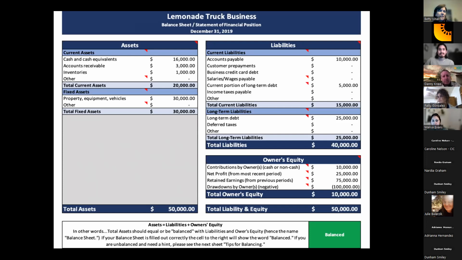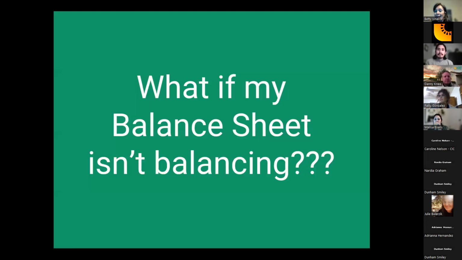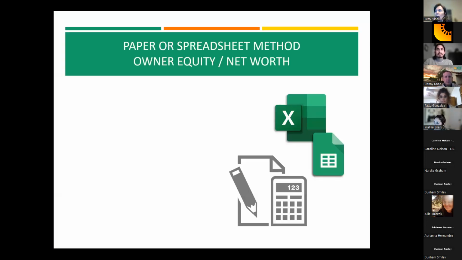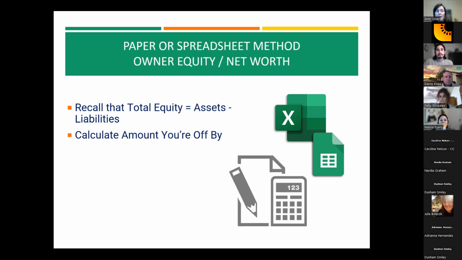Okay, sometimes your balance sheet doesn't balance, and usually this happens when you are manually creating your balance sheet. You want to recall that your total equity equals your assets minus your liabilities, and we're going to try and figure out why we don't balance.